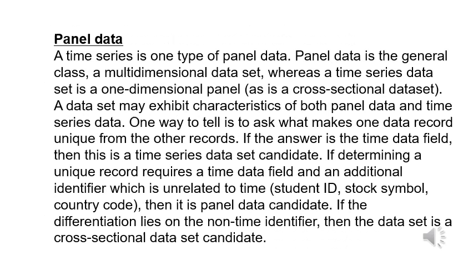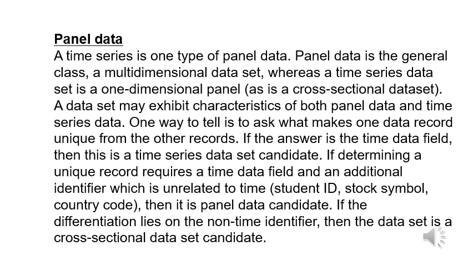Panel data. A time series is one type of panel data. Panel data is the general class, a multidimensional data set, whereas a time series data set is a one-dimensional panel, as is a cross-sectional data set. A data set may exhibit characteristics of both panel data and time series data. One way to tell is to ask what makes one data record unique from the other records.